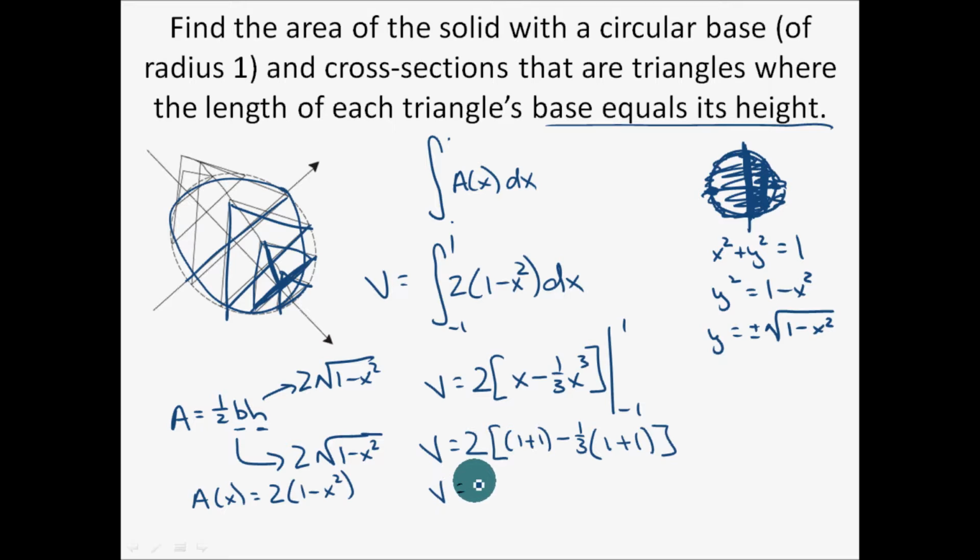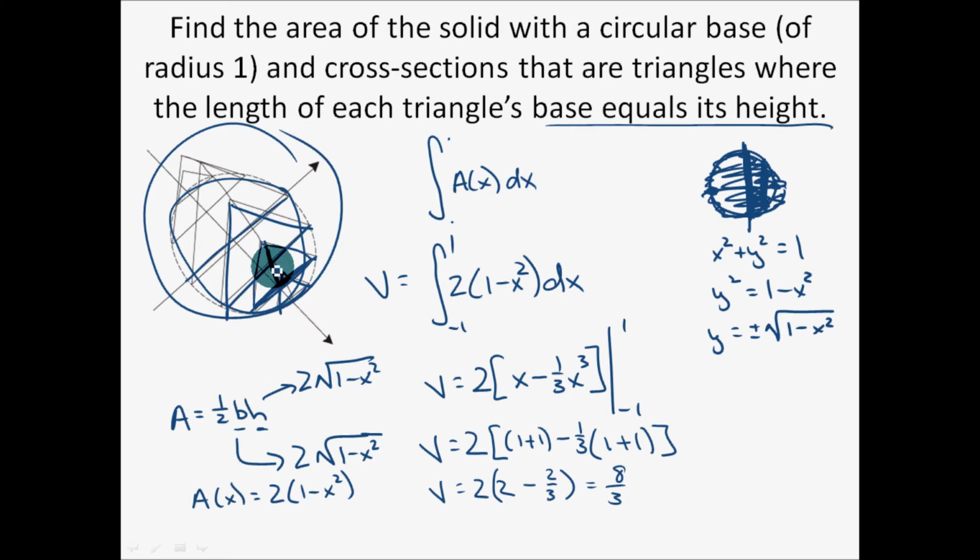All right, so let's clean some stuff up. 2 minus 2/3. So 2 minus 2/3 is 4/3, but we got to double that, so that's 8/3. All right, so the volume of this confusing three-dimensional figure is 8/3 units cubed.